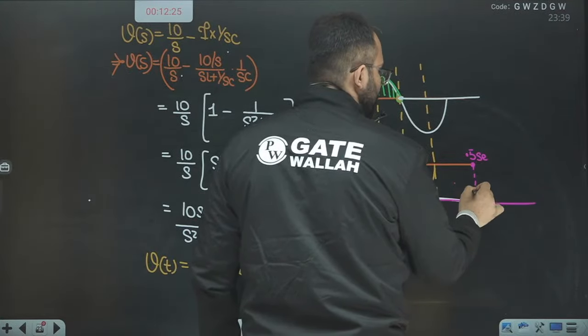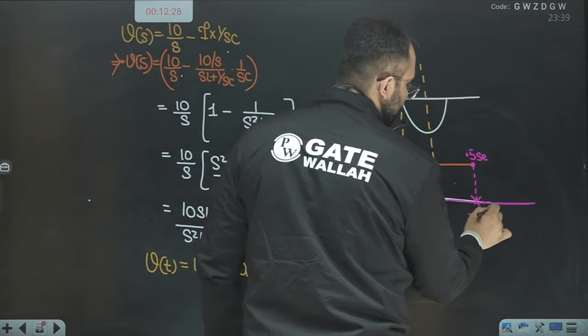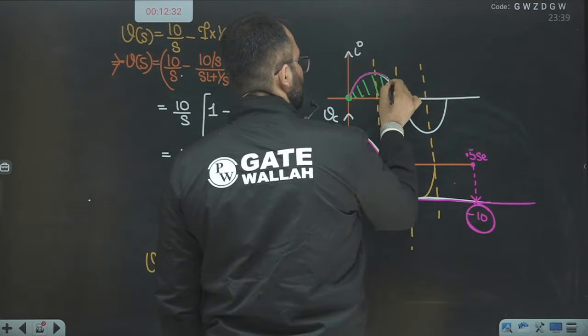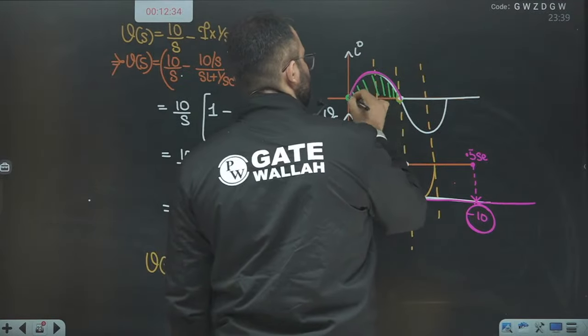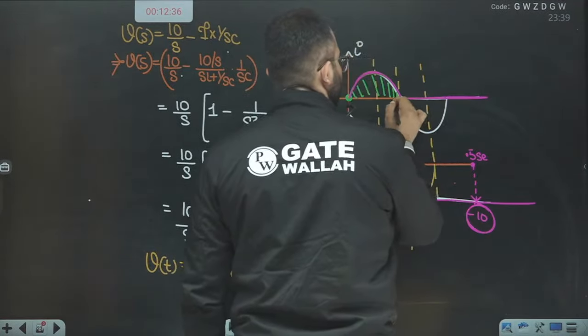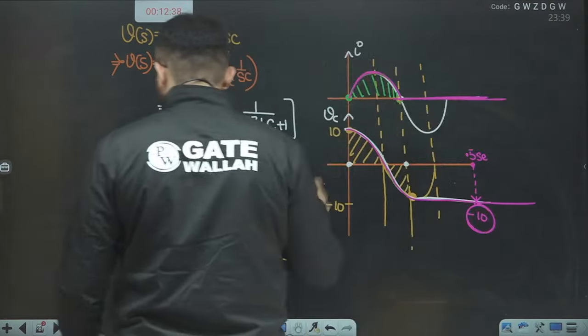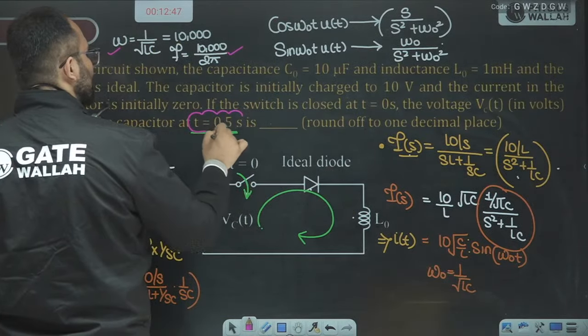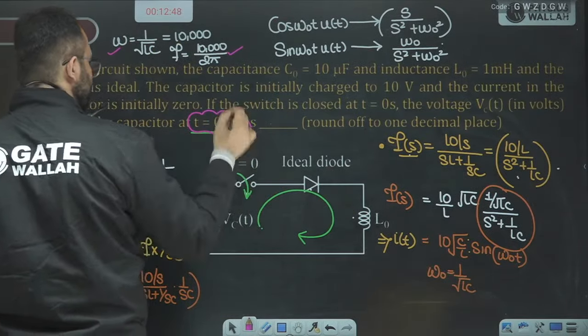So at 0.5 seconds, the voltage across capacitor will be minus 10 only. And similarly, after this half cycle, the current will be 0. So even if we find out the frequency and omega, we can see that the time period of the cycle is very, very small. So 0.5 seconds will be far away. You don't need to worry about it.